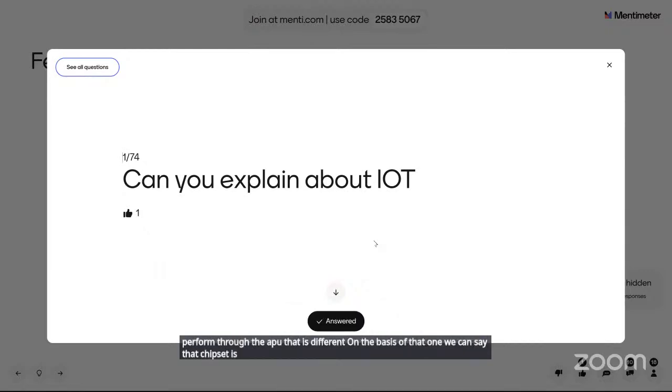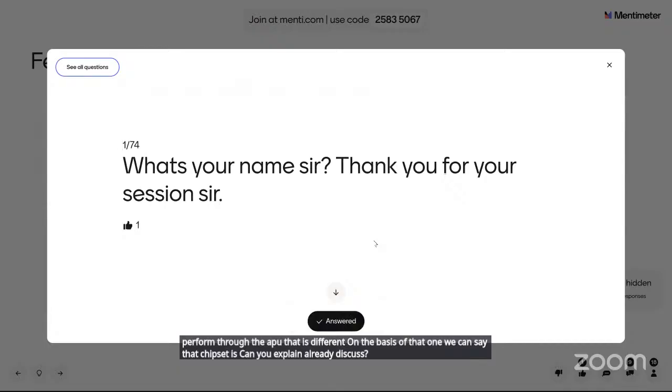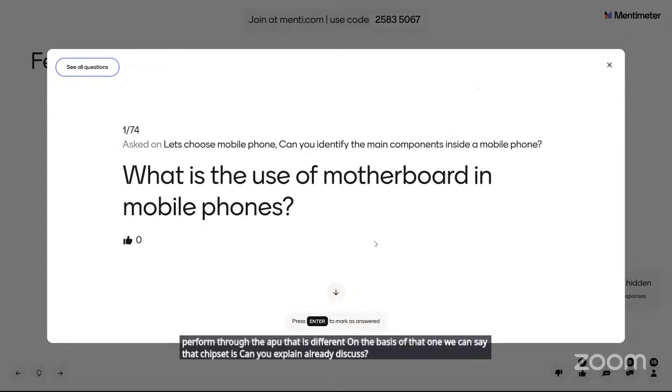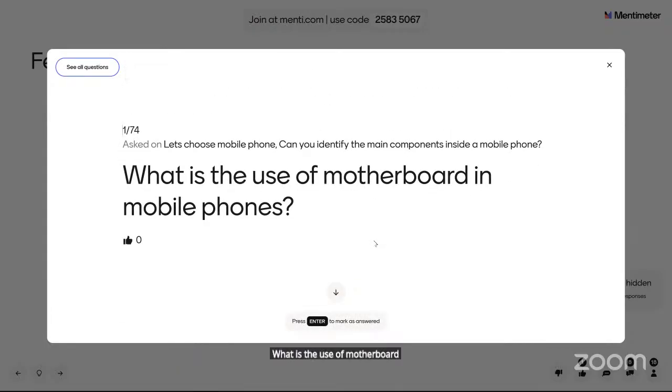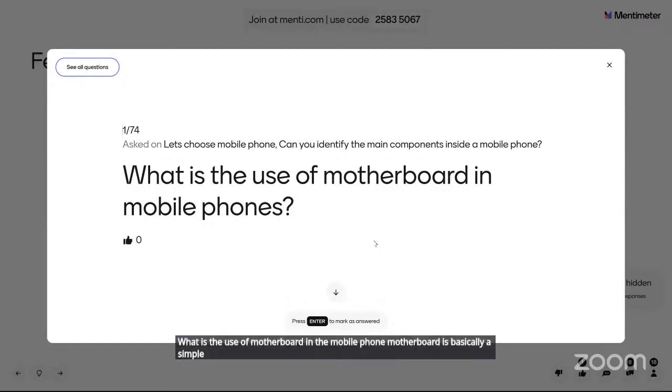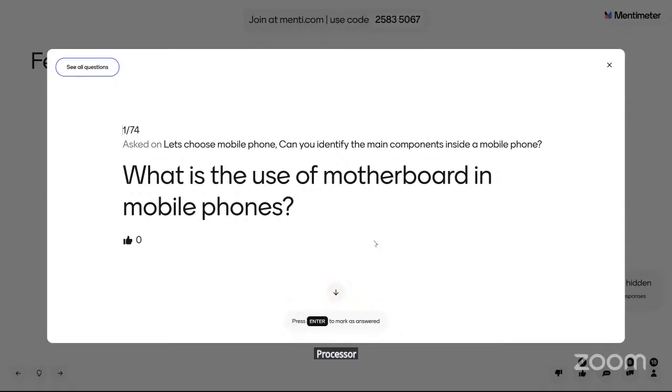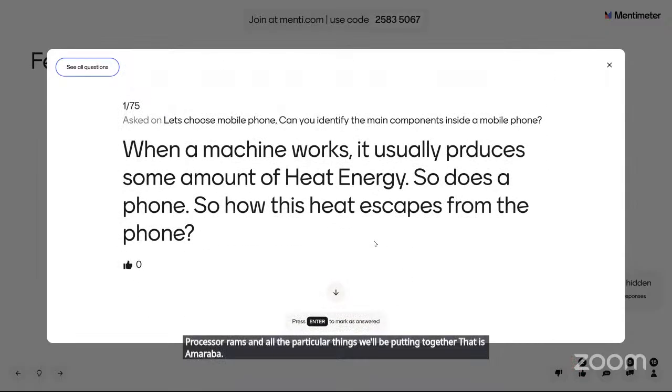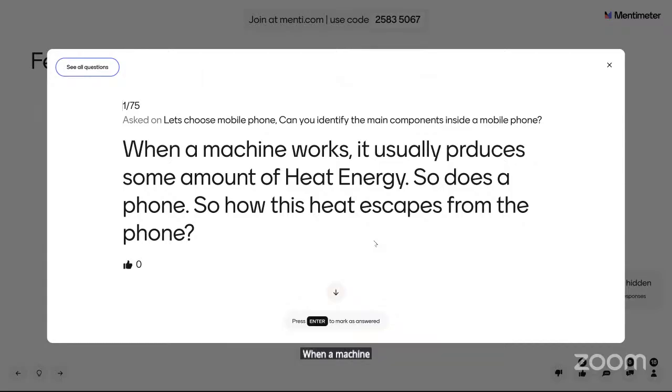What is the use of the motherboard in the mobile phone? The motherboard is basically a simple platform where all components are put together: processor, RAM, and all the other parts. When a machine works, it usually produces some amount of heat energy.